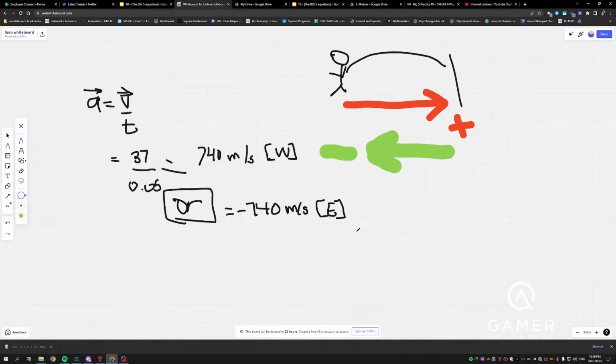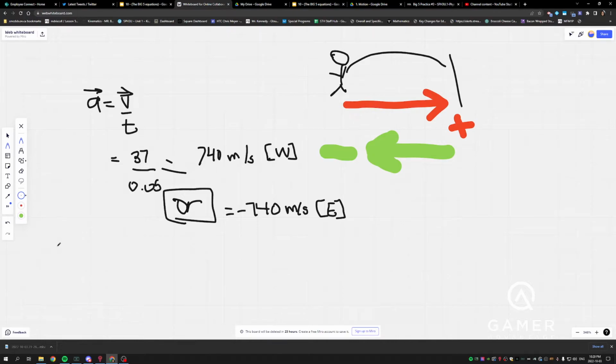Okay? So that's super important that I'm saying that it's negative in the right direction, because in part B, it's asking me to find displacement. And in order to find displacement, I need to make sure that everything is in the same direction.